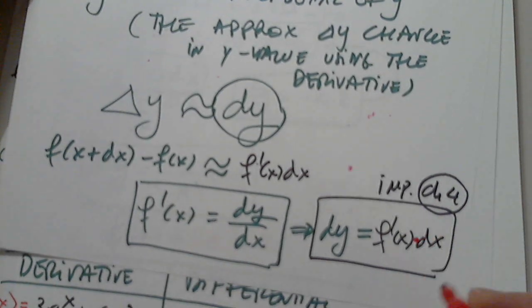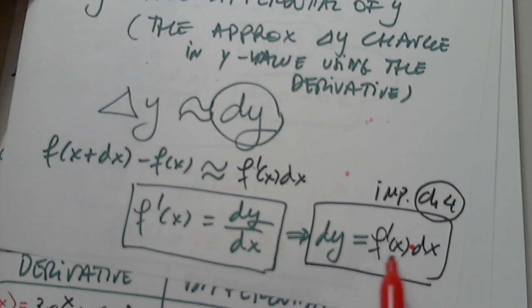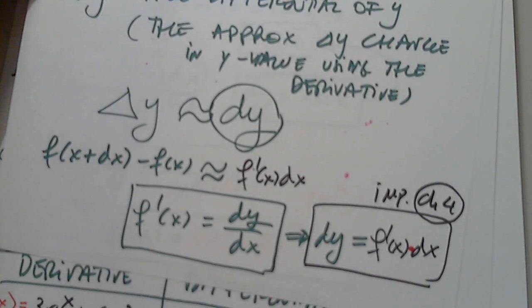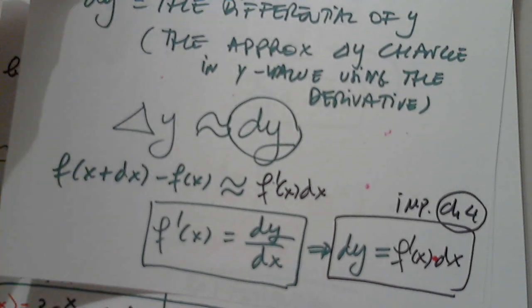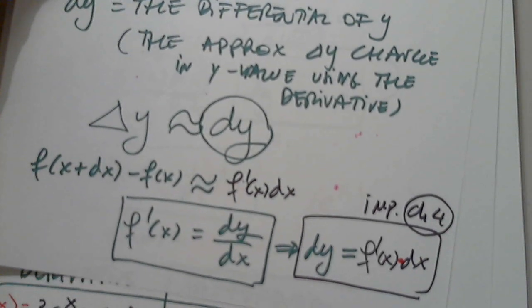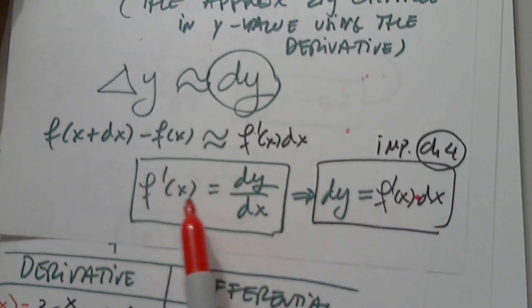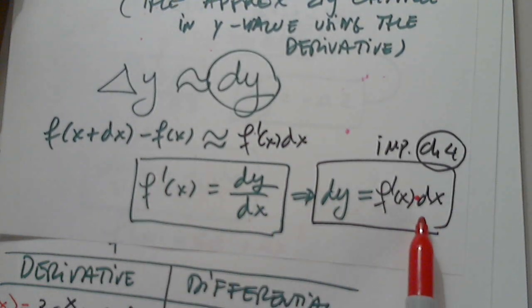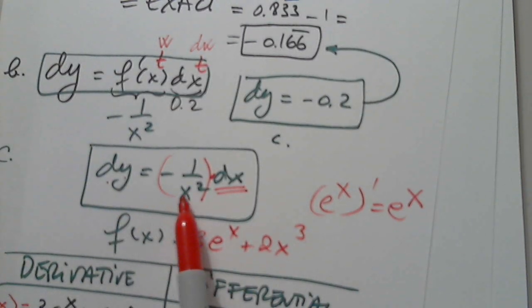So this is times dx. If there is no symbol, it's a product. Is that okay? Kinda. It's just a product. So we multiply both sides by dx, and we got f prime of x dx. So that's dy equals f prime of x times dx.